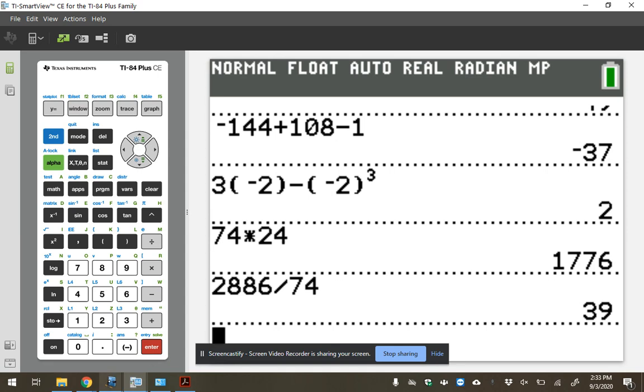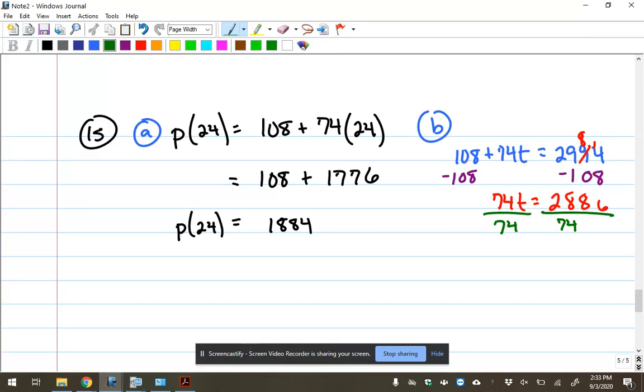I got 39. Is that what you got, okay? Good. 39. Find your mistake. It's probably something small. Subtract 108. Divide that by 74.